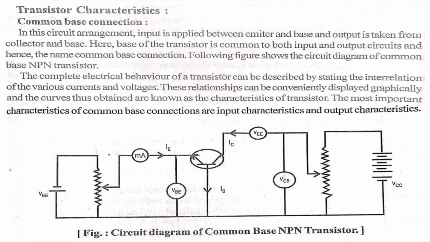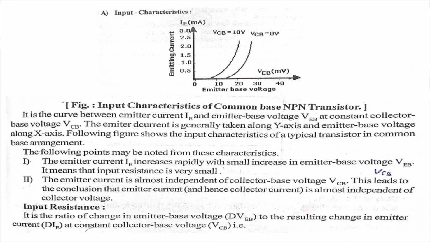Now, in this curve between emitter current IE and emitter base voltage VEB as shown in figure, see here, that is emitter current here. The curve is between emitter current IE and emitter base voltage VEB at constant collector base voltage VCB.